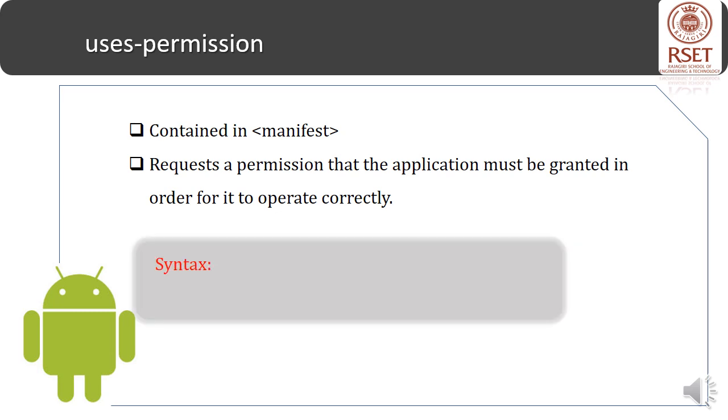The syntax of uses permission looks like this. Here you can see an attribute android:name. This attribute specifies the name of the permission that you are requesting. So what are the types of permission that you can request?